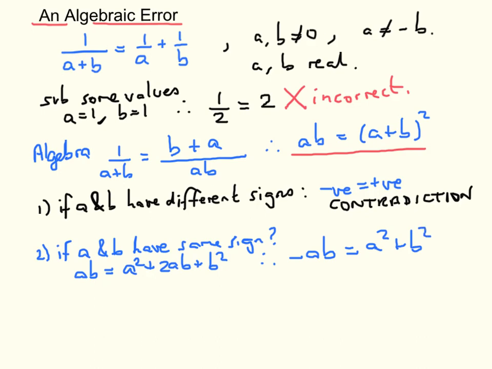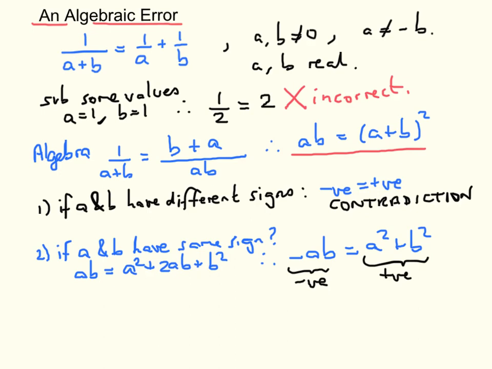And again we see a contradiction. Remember, a and b have the same sign, and if they have the same sign, then this product is positive always, but there's a minus sign in front, so this side is going to be negative. But over here we have the sum of two squares, so this is positive.